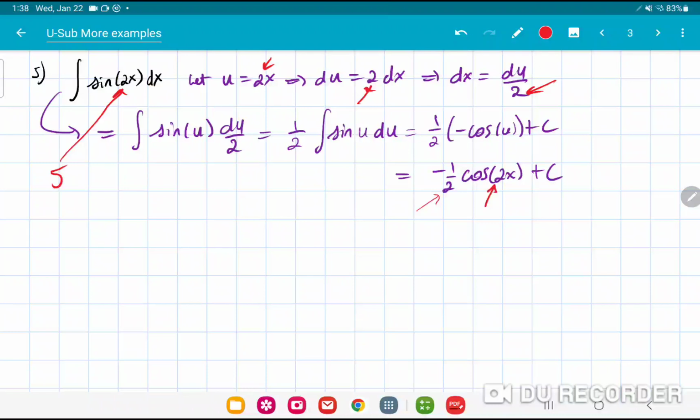So if I want to get the integral of sine of 5x, that's simply minus 1 over 5 cosine of 5x plus c. Or if it is sine of 20x, I have 1 over 20 cos 20x, with a minus, of course, because the integral of sine x is minus cos x.